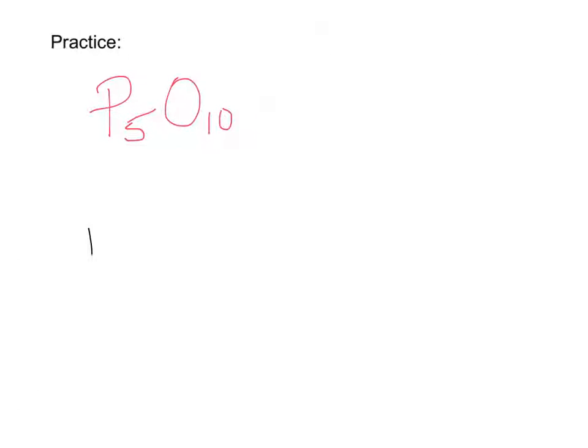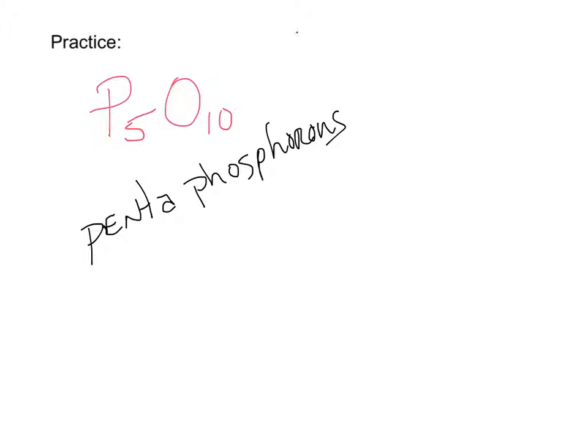You've got penta, phosphorus. And then, as always, just like in the other one, we would change the ending of this to be IDE. So this would be penta, and then 10 is deca, decaoxide.